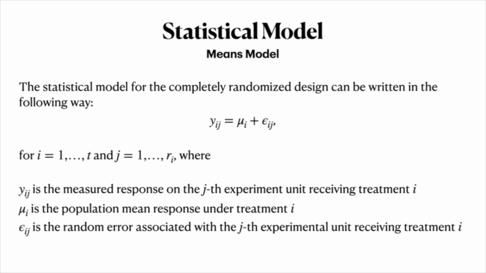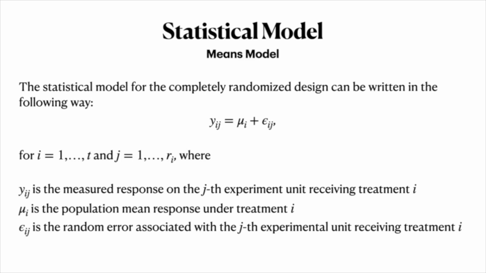Oftentimes, the approach to teaching analysis of variance, at least in a first methods class, and in the textbooks that are used in a first methods class, is to focus on how to do the calculations, right? Partitioning the sums of squares and determining the appropriate degrees of freedom, and once you have those, then you can compute the mean squares and finally the F statistic. All right, so the focus is on doing the calculations rather than understanding what the underlying model is.